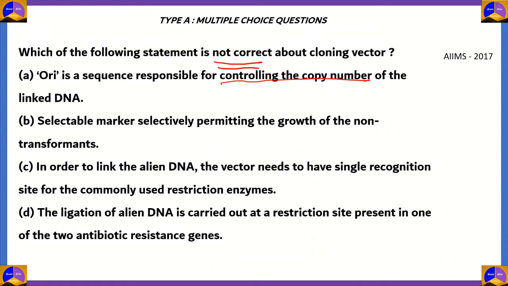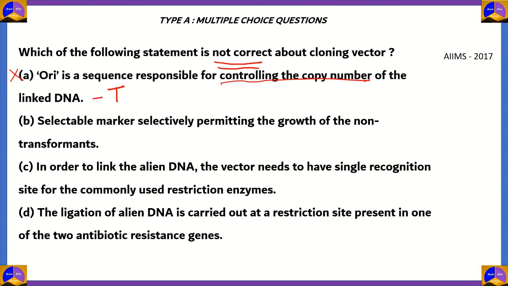Since ori refers to replication, the number of copies of the linked DNA is partially the responsibility of the origin of replication. Remember that the statement is true, but here we're asked to find which of these is not correct, so option A is wrong.